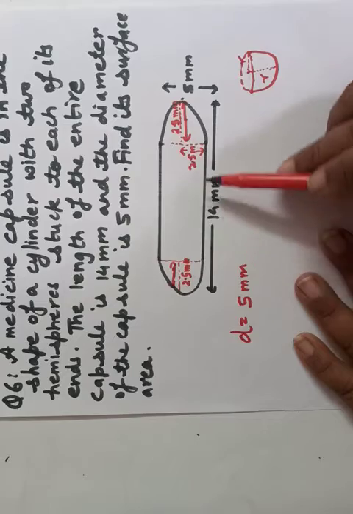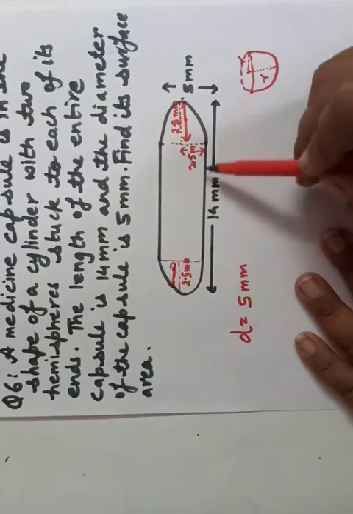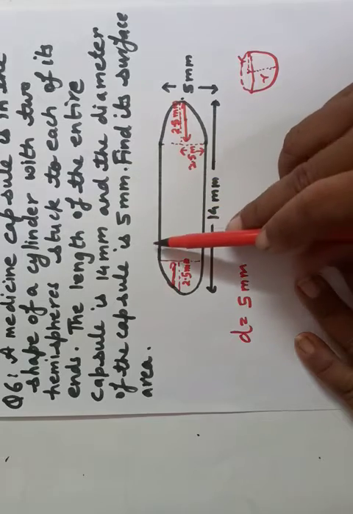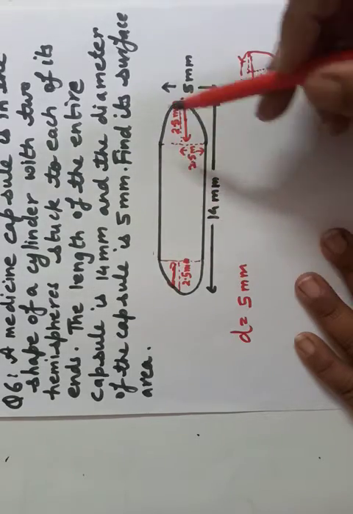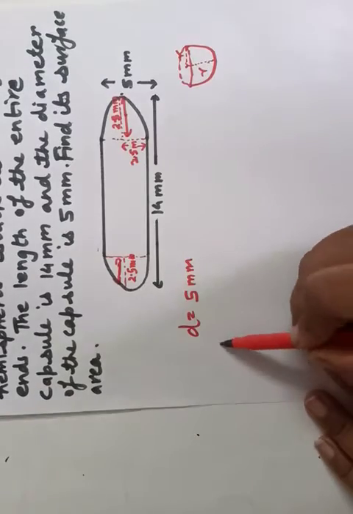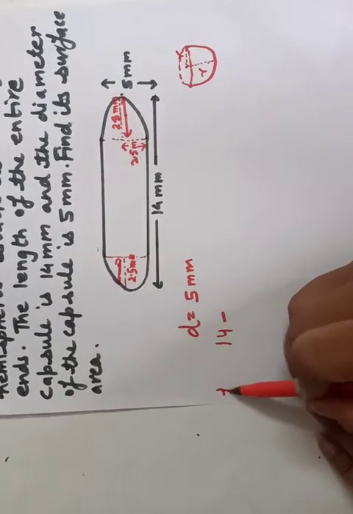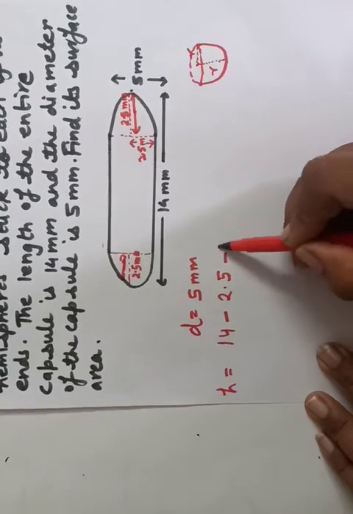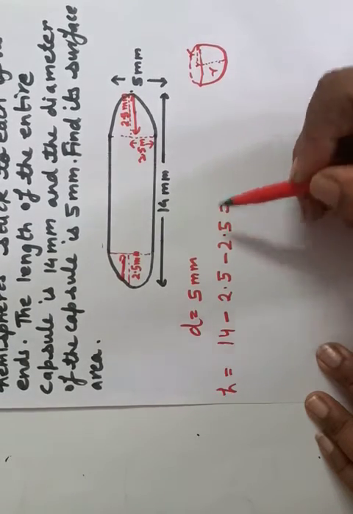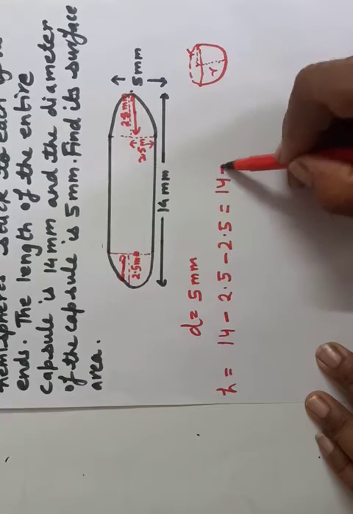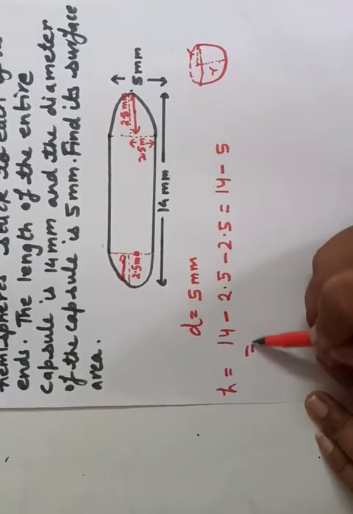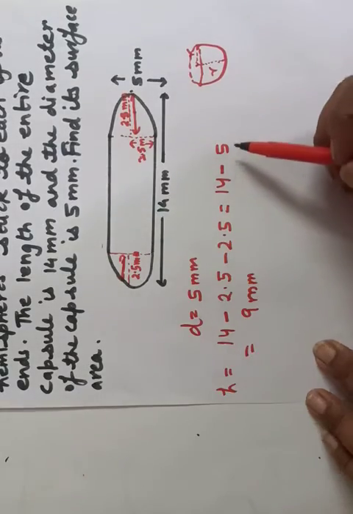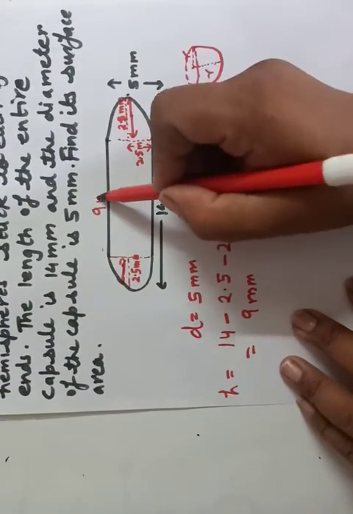Then this portion is the cylinder. So we can find the height of the cylinder by how? Height is equal to 14 minus 2.5 minus 2.5, that is 14 minus 5, that is equal to 9 mm. So we have got the height of the cylinder.